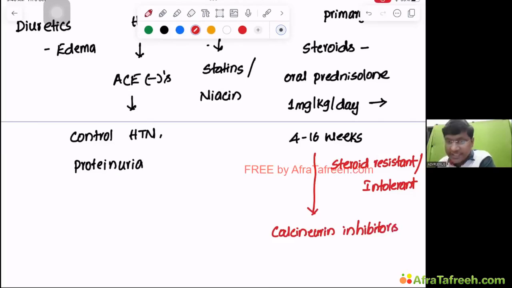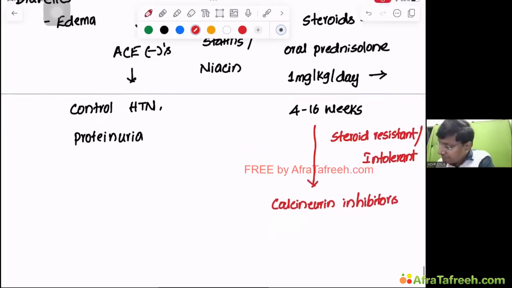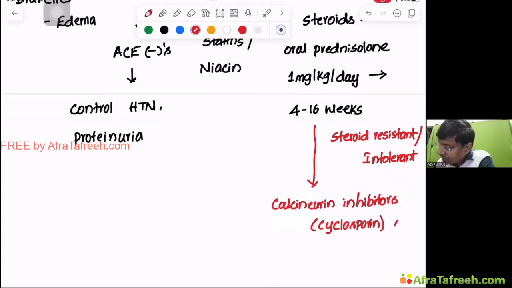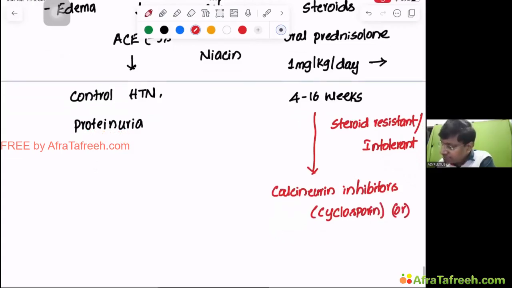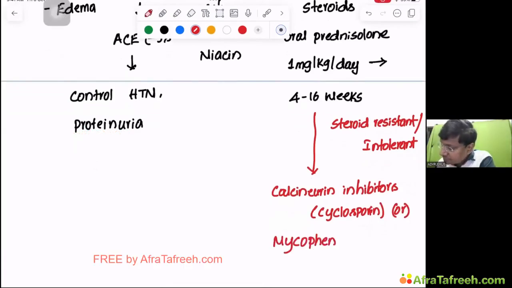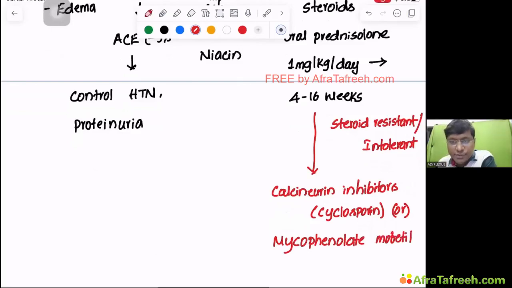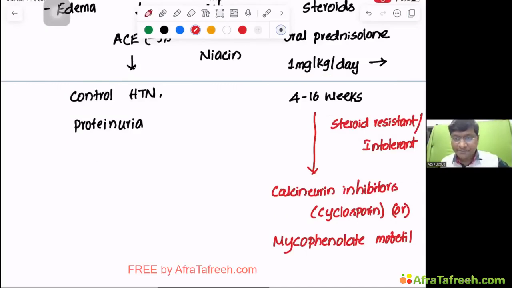Example, cyclosporin. Or the other alternative drug is mycophenolate mofetil. So calcineurin inhibitor cyclosporin or mycophenolate mofetil can be considered when the individual is steroid resistant or steroid intolerant.